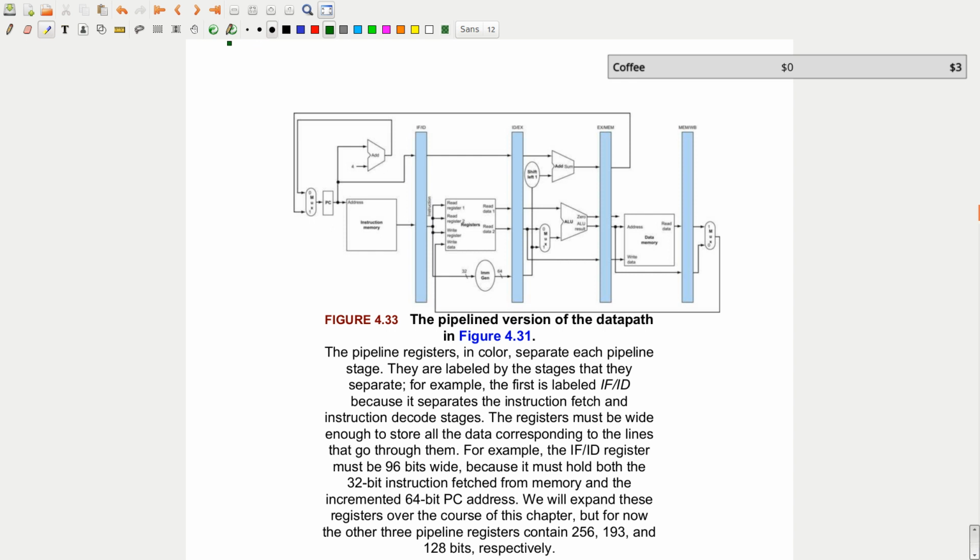This is typically how we represent this in a figure. We generally have these big blocks in between the stages that we route some control logic through. We'll use these big dividers between instruction fetch and decode, instruction decode and execute, execute and mem, and then mem and write back.